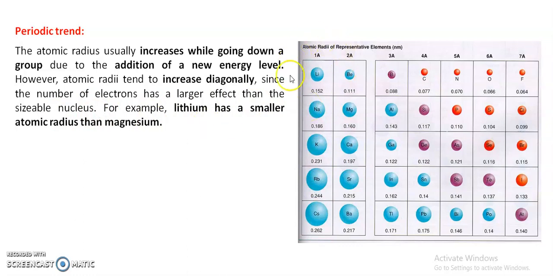For example, lithium has a smaller radius than magnesium. Diagonally, atomic radius also increases, for example sodium, calcium.